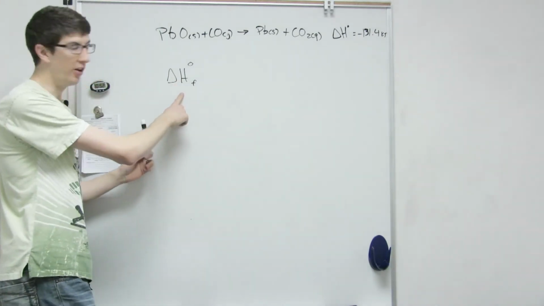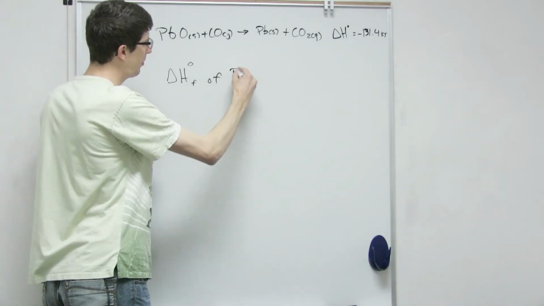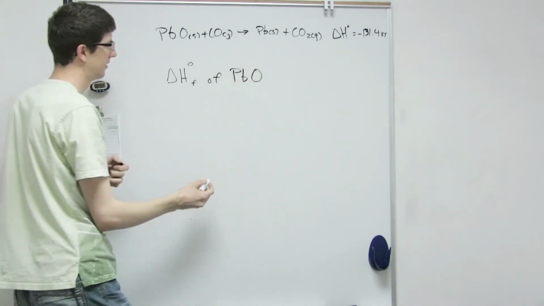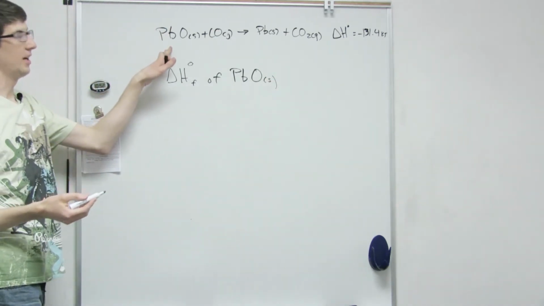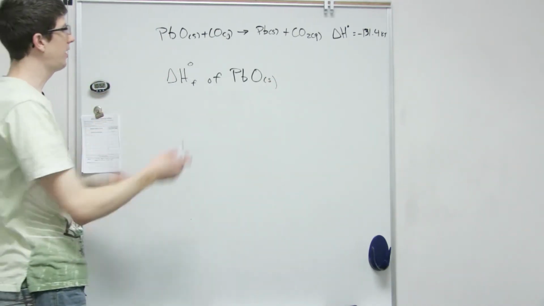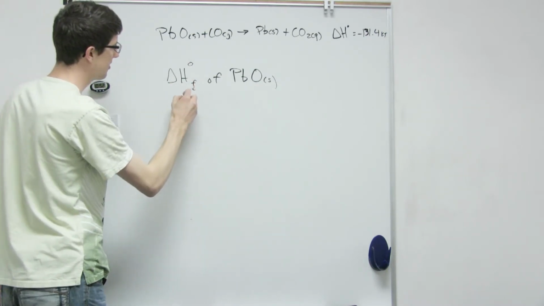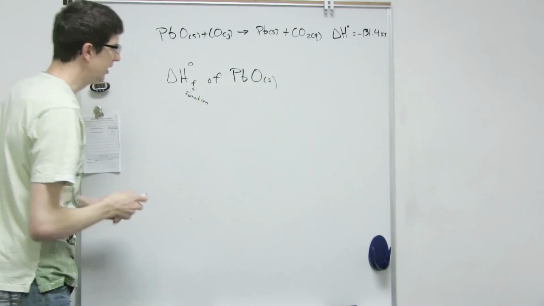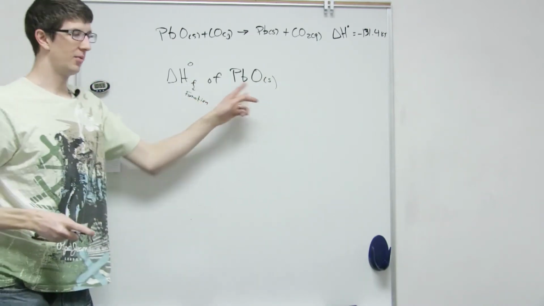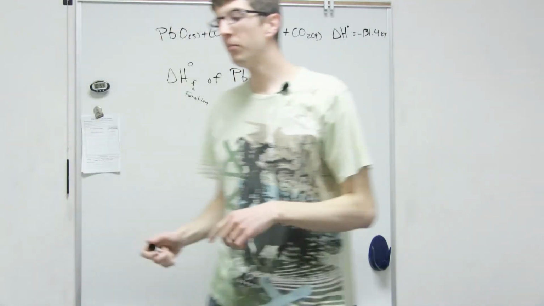So it wants us to find the delta H of formation of lead oxide, the very first reactant. So it's saying, okay, what is the delta H of f, which means formation of lead oxide.